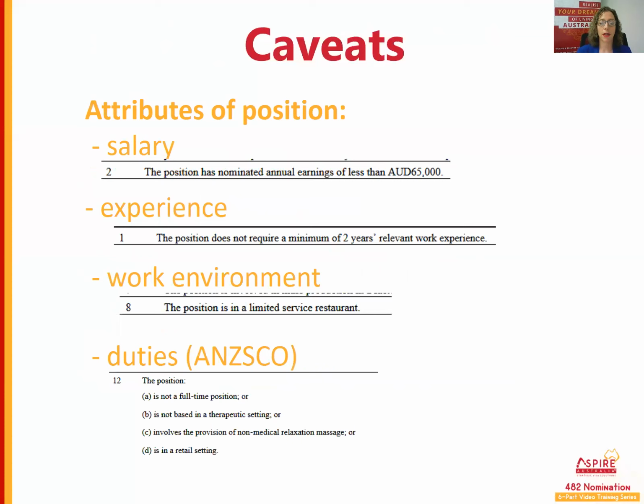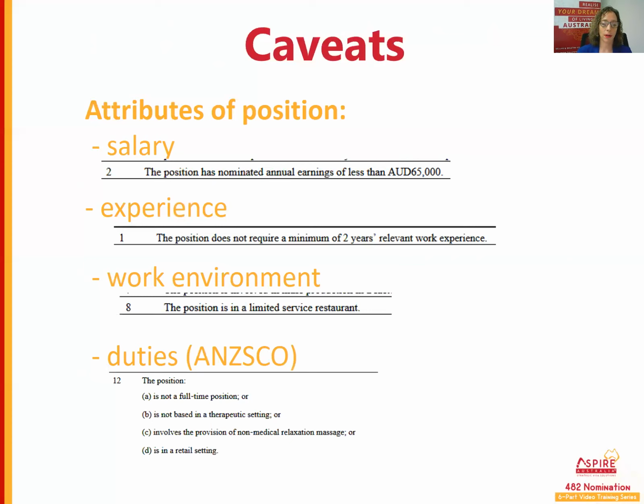There are also caveats in relation to the specific position. For example, the salary, and in this example, caveat 2 has a minimum of $65,000. A caveat in relation to experience, caveat 1, requires a minimum of 2 years work experience. In terms of the work environment, caveat 8 requires chefs or cooks not to be working in a limited service restaurant, but only in full service restaurants.